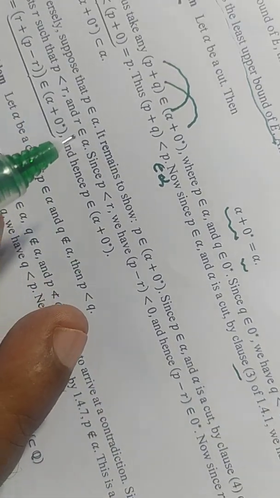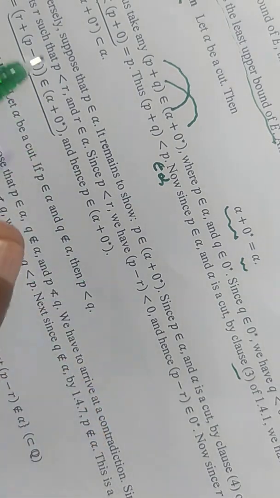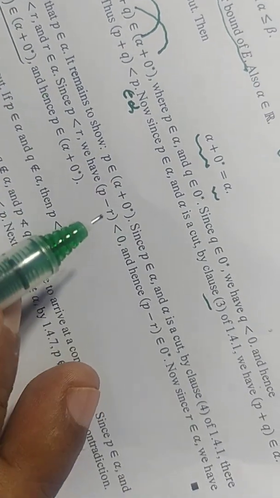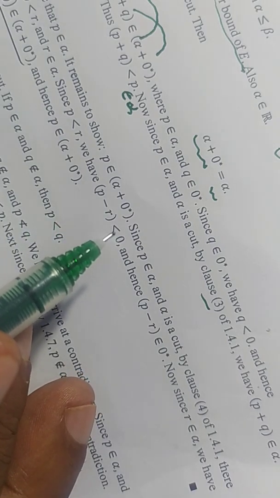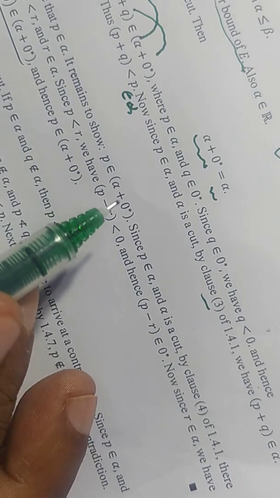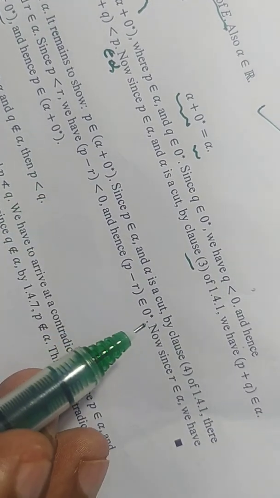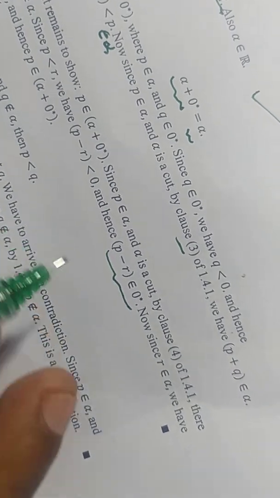Next, from here we can write this by the property of rational numbers: minus R is added on both sides. So by the property of rational numbers, P minus R is smaller than 0. This says that this number is negative, and every negative rational number is a member of 0 star. So this is correct.